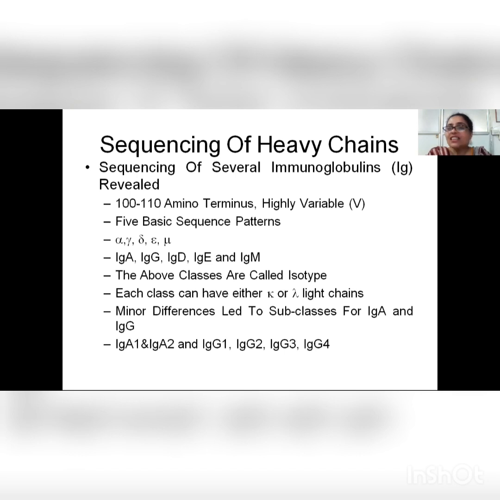Each class will have either kappa or lambda light chains. When we were talking about light chains, let me remind you, a light chain can either have a kappa structure or lambda. So in a light chain, either a kappa or a lambda will only be present, right?